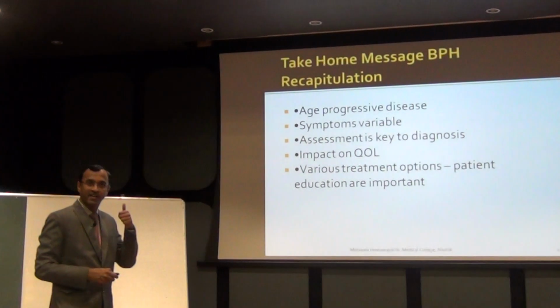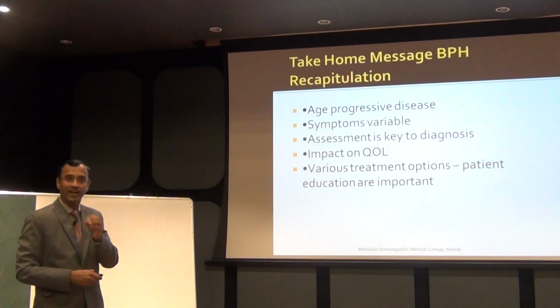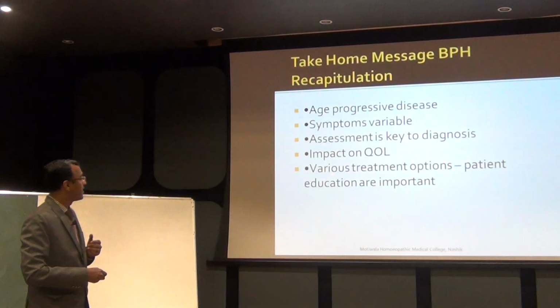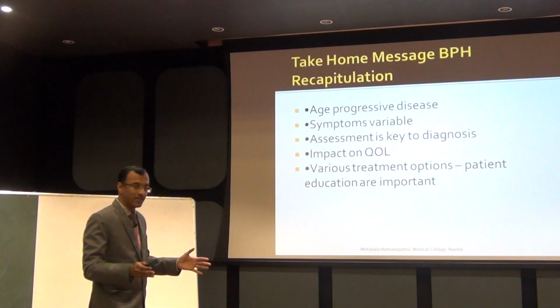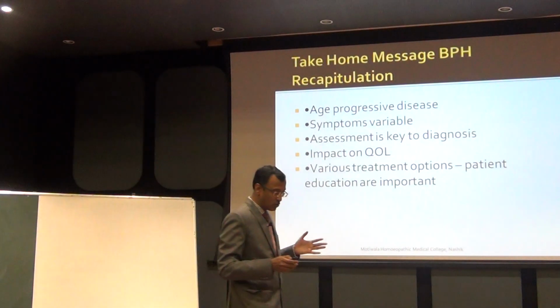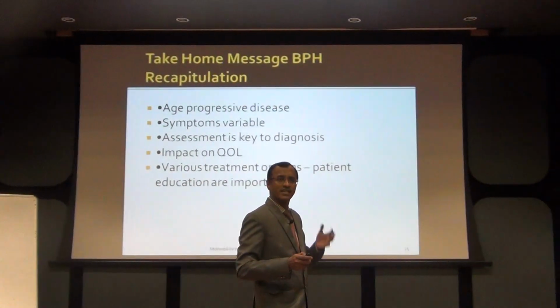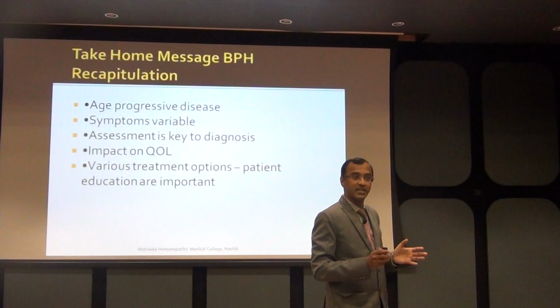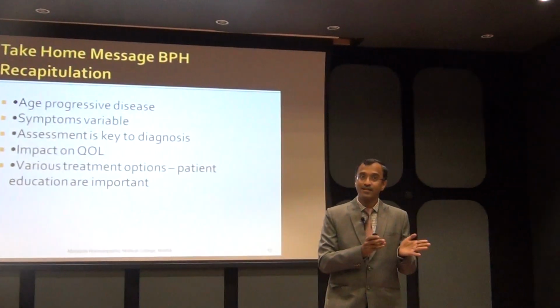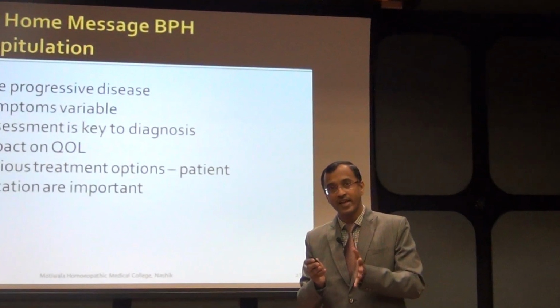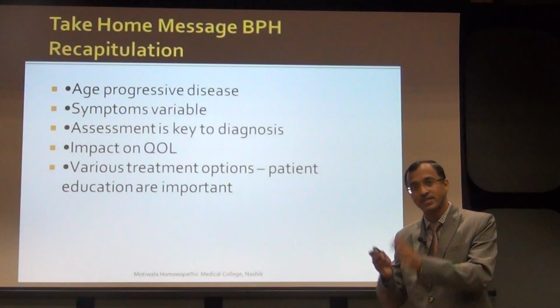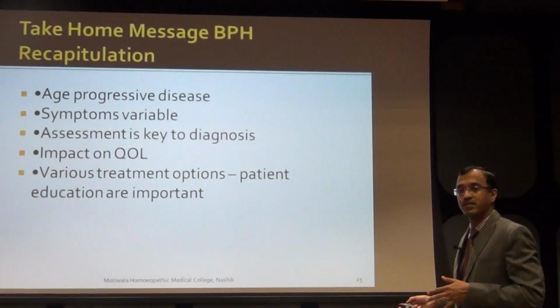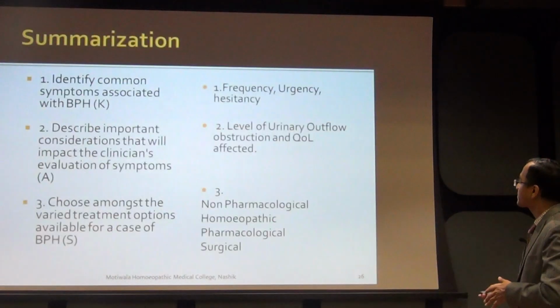It has a great impact on the quality of life in an elderly person. And there are various treatment options available. So we need to educate our patient that it is not only surgery, it may be medicine, and if medicines are failing, if the condition is worsening, then only can one resort to surgical intervention.